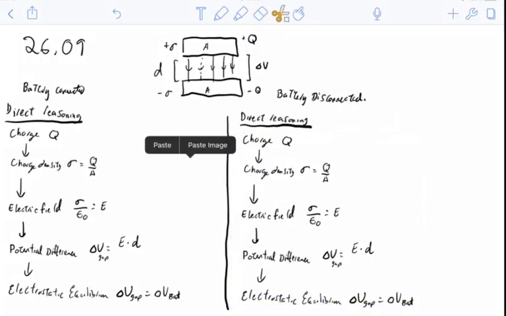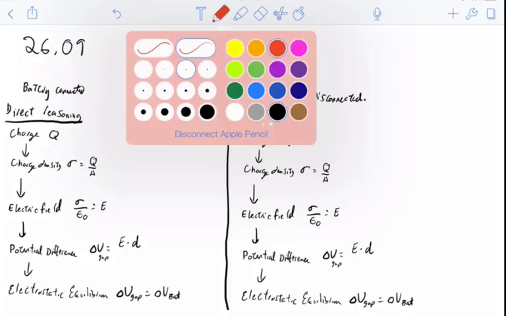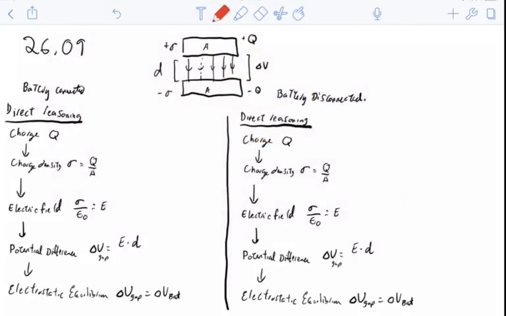Okay. So if you leave the battery connected, then the charge can change, but the potential drop is going to be the same. Okay?